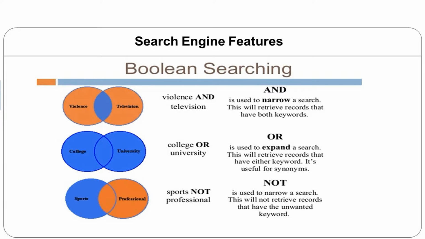Sometimes AND, OR and NOT are not used as spelled words. They are used as symbols like plus or minus operators, combined with keywords to indicate what keyword is required and in what combination.